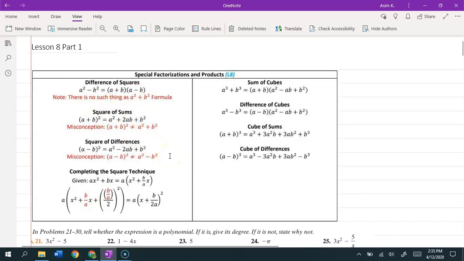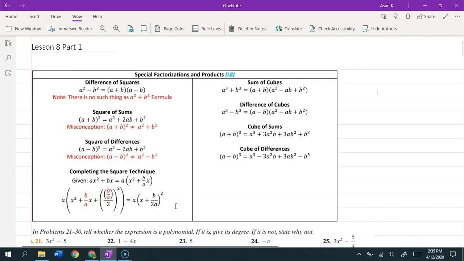What I'll do as I proceed through lesson 8 part 1 and then lesson 8 part 2, I will refer back to this little sheet right here. That'll really help you to keep track of what type of formula we are using. I'll just give you one idea though. The whole purpose of having these formulas is to basically save us a whole bunch of time, okay?